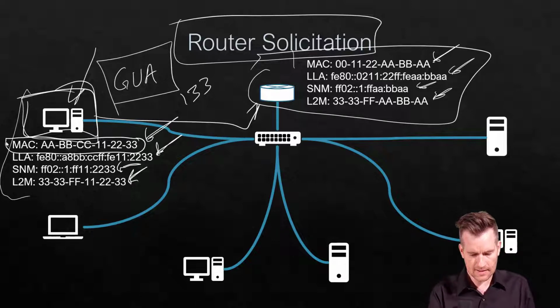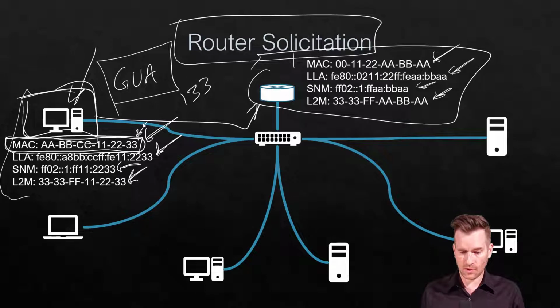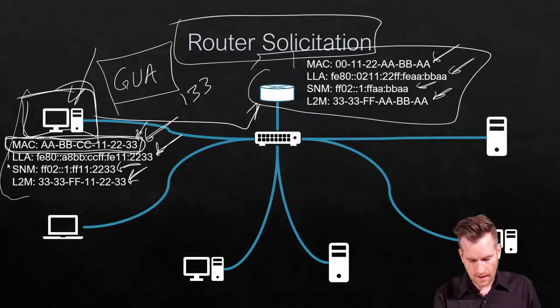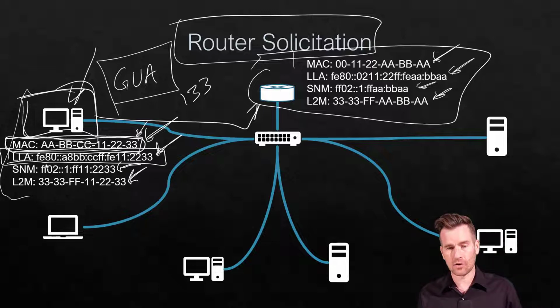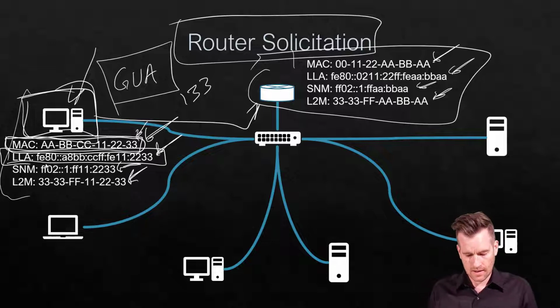So from a layer 2 perspective, this will be the source right here. And then the source layer 3 is going to be the link local address right here. So that's the link local address that it's going to send out.